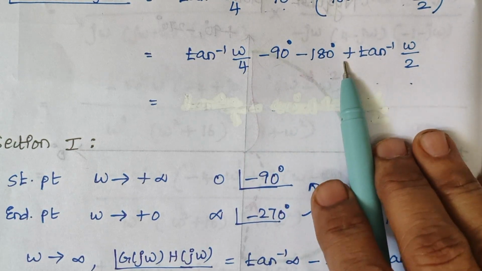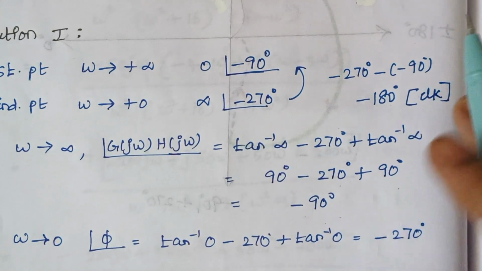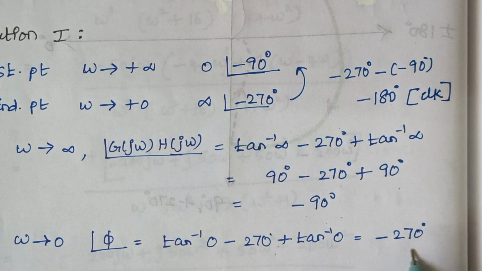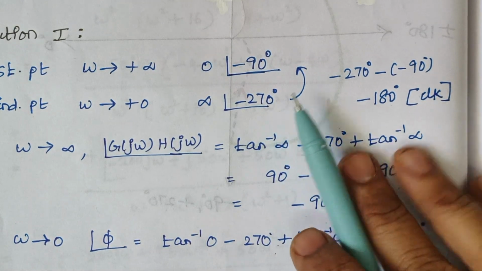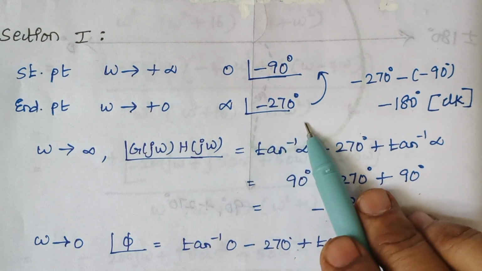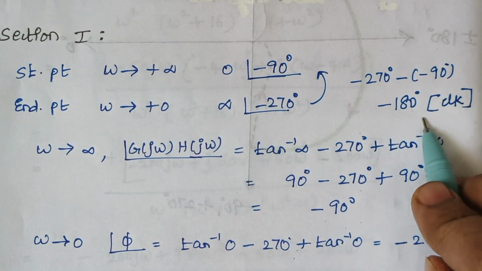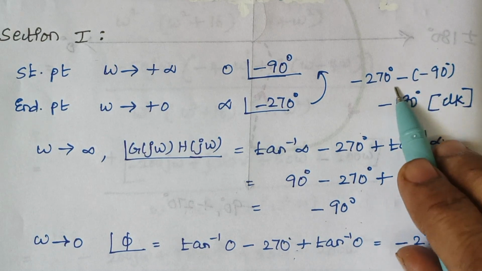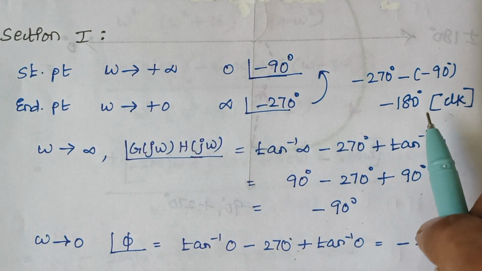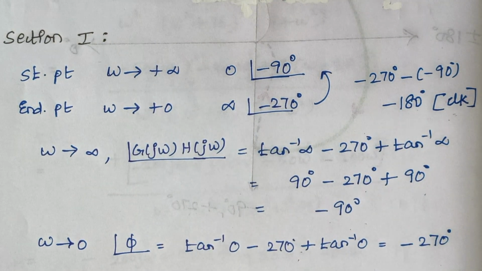So here we will have minus 90 minus 180, which is nothing but minus 270 degrees. So here the answer is minus 270. And as a usual step, we have to subtract these two. So minus 270 minus of minus 90, the answer is minus 180 degrees. So we have to draw the Nyquist plot in clockwise direction and we have to rotate it through 180 degrees.